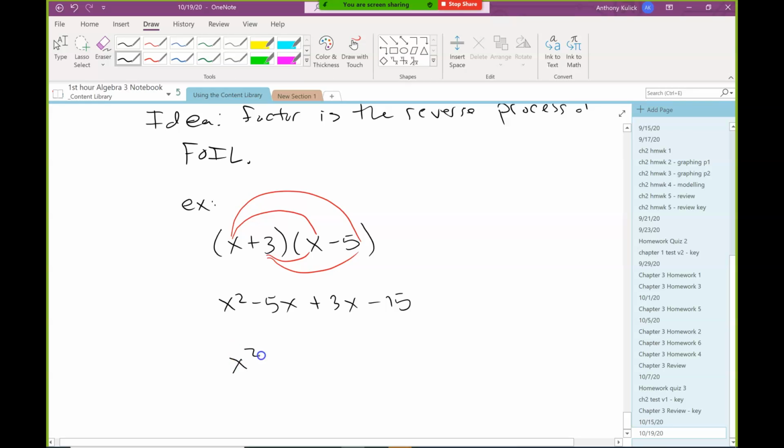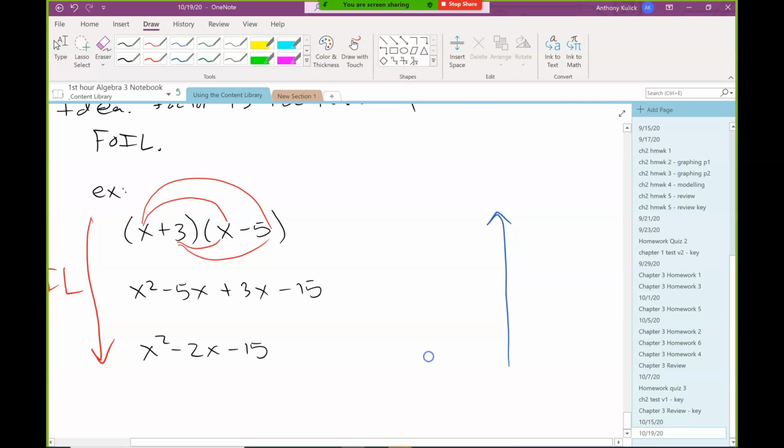And then we combined our like terms to get us to here. Okay. So this side was our FOIL. And then over here, we're going to do our factoring.